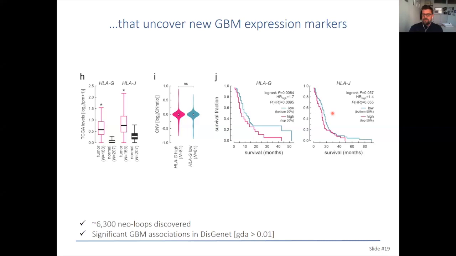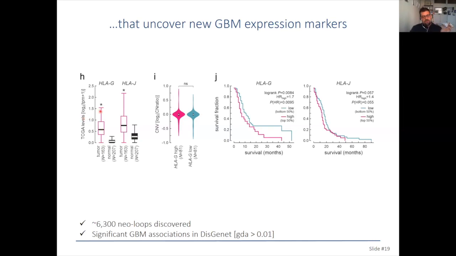One part of the scope is that you can uncover new predictive markers. This is the HLA-G gene that I was talking about, which has until today not been associated with glioblastoma, though it has been linked to some extent with melanoma. You can take this gene and ask, in the TCGA cohort of hundreds of glioblastoma patients, how does it look?